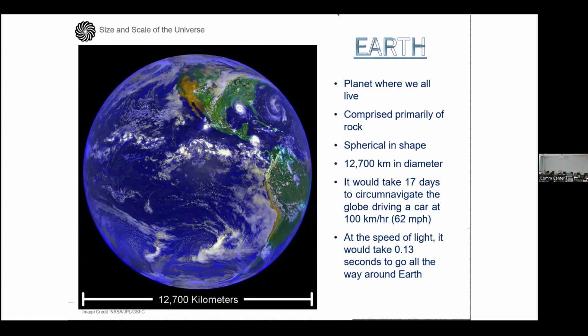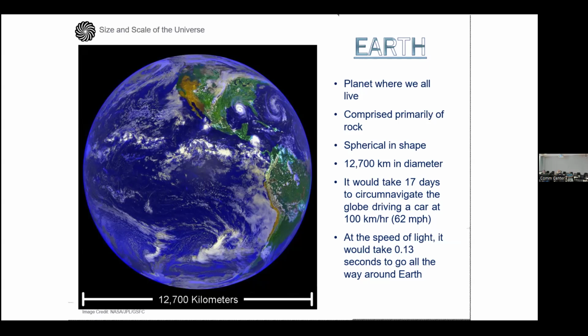Everybody, we all know all of this information about the Earth. Obviously, it's the planet where we all live. It's a rocky planet. It's not really round. It's spherical in shape because generally, even a rocky planet, if it spins, is spherical, but it's also not perfectly spherical.